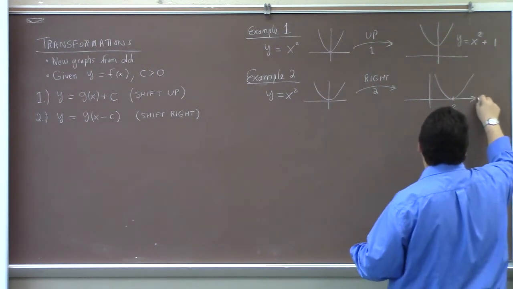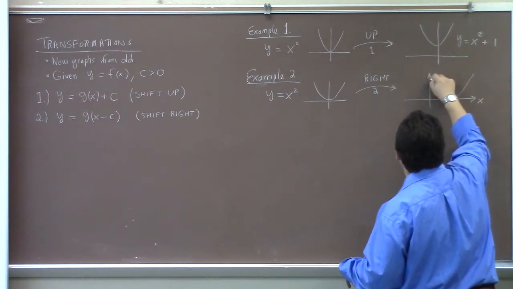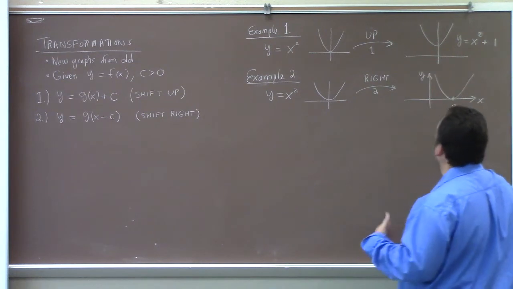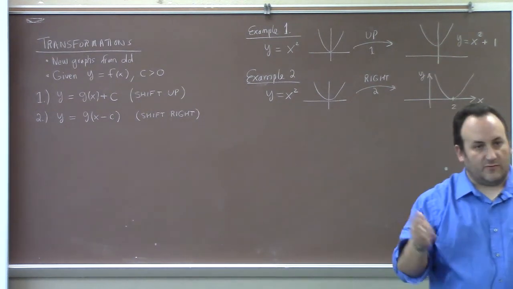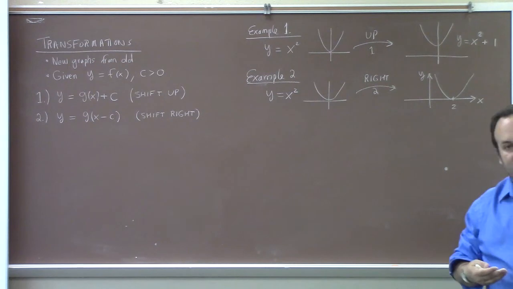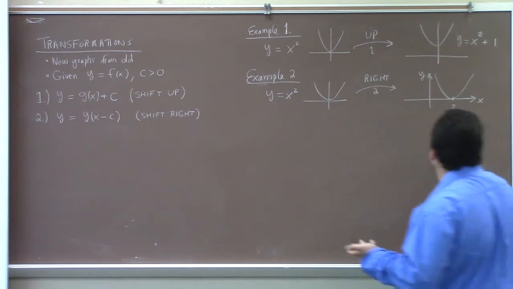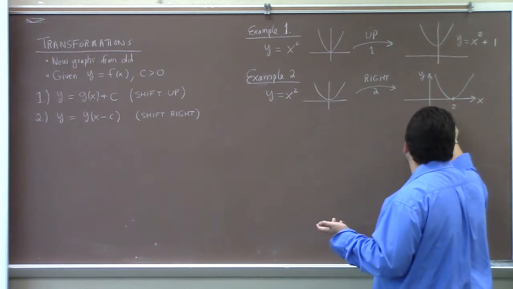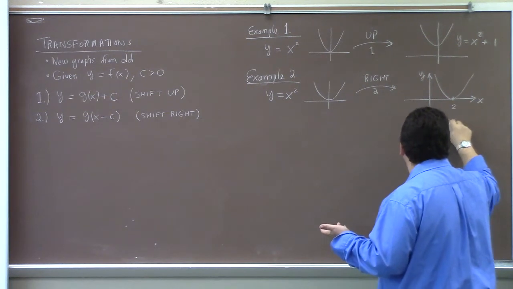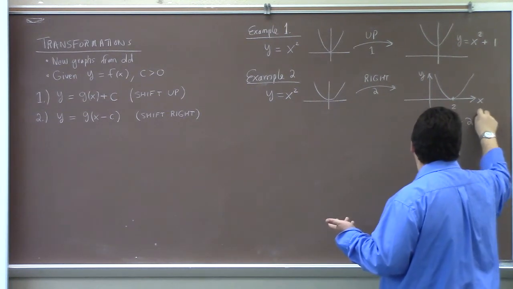So if somebody gave you a parabola that bounces off the x-axis like that, what's the formula for it? It's got a repeated root of 2. What's the formula? Y equals what? X minus 2 quantity squared, right?